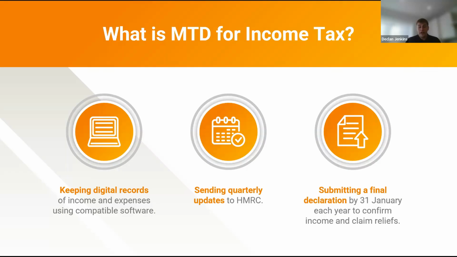Within this digital record keeping, HMRC are looking at things like trying to get your receipts, your sales invoices if you have them, and any other purchase invoices. They want them all stored in there, ideally with the payments, so that it's all in one place.